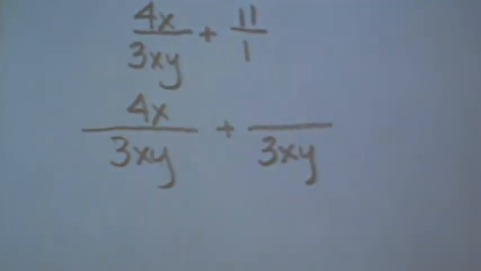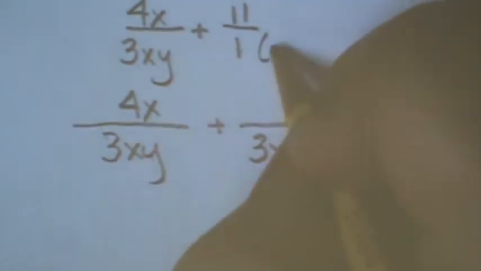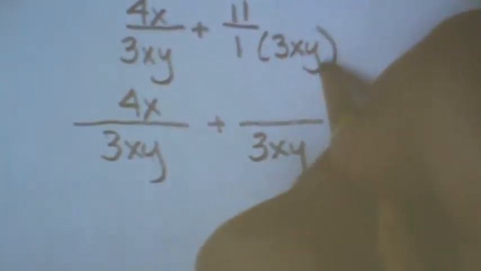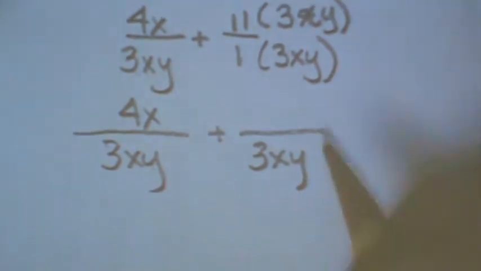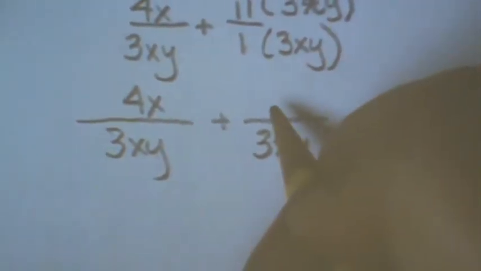What do we need to multiply 3xy by to get 3xy? 1. So what is this gonna be? 4x. Good. But what does this have to be multiplied by to get 3xy? 3xy. So what do we do with this 11? You times it by 3xy. What's 11 times 3xy? 33xy.